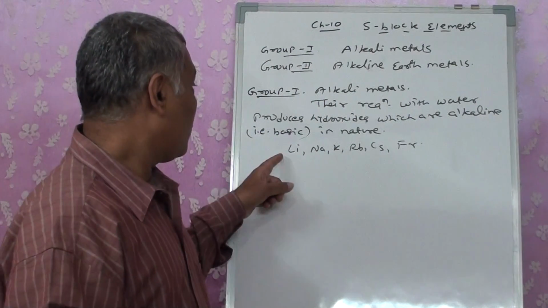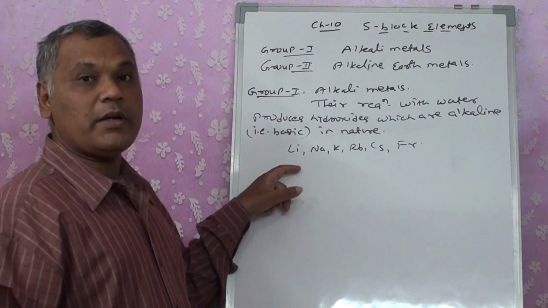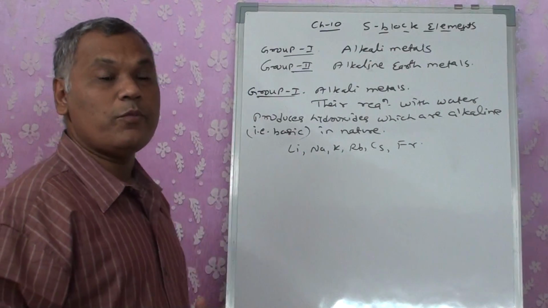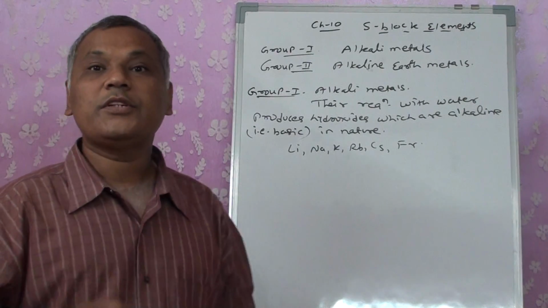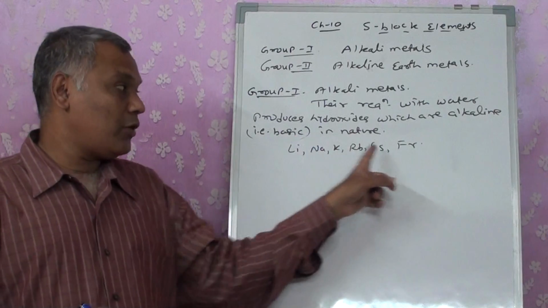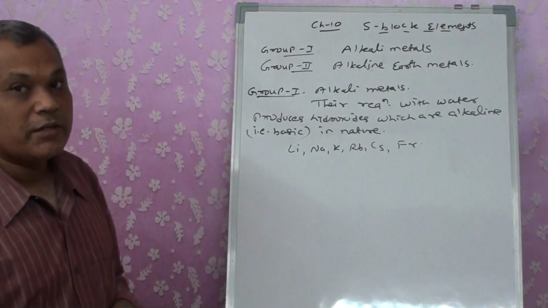So in group 1, we are taking only metals. The second factor is that hydrogen is a non-metal, and we wrote alkali metals, so we take only metals in it.